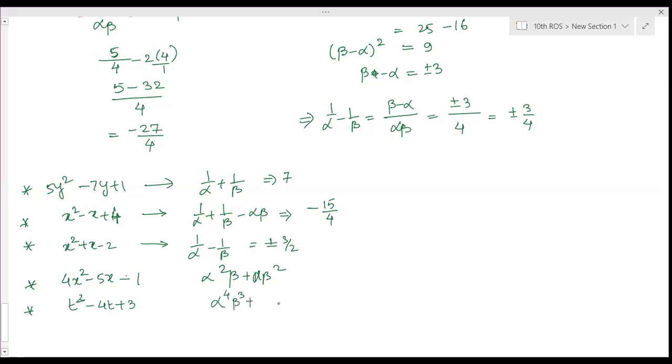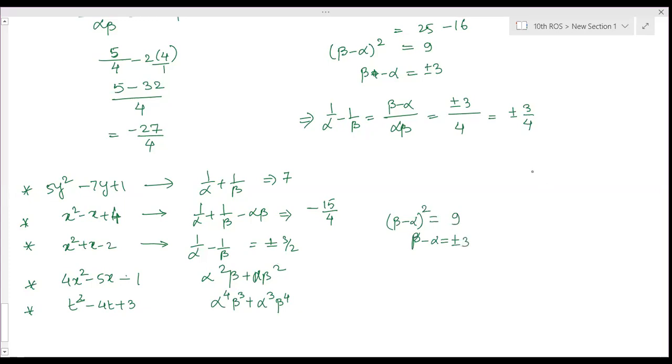Ma'am, I have a doubt. For the previous sum, we are taking beta minus alpha squared and substituting the value, ma'am. Then why are we taking this? Beta minus alpha square, from this you got 9. Beta minus alpha is plus minus 3.